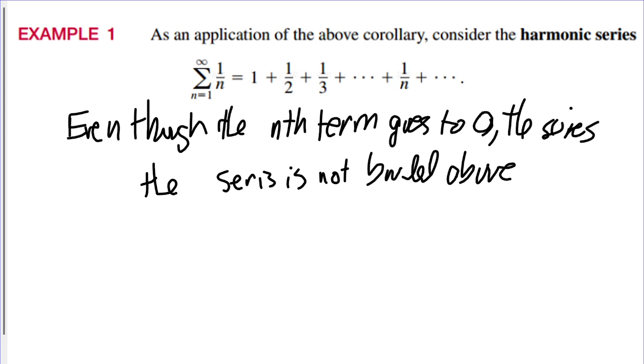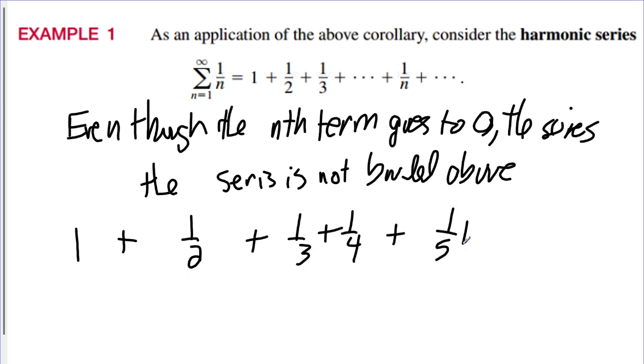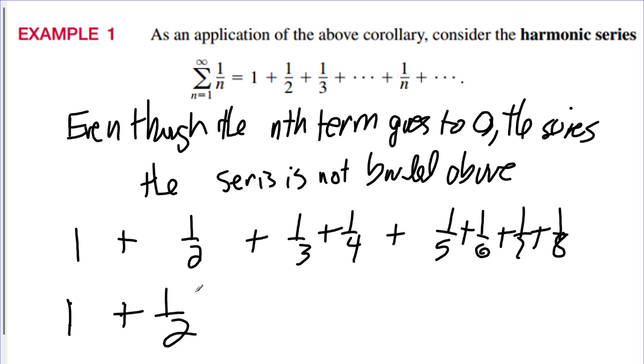So let's break up our series so that we have 1 plus 1/2 plus 1/3 plus 1/4 plus 1/5 plus 1/6 plus 1/7 plus 1/8. As we look at the partial sums, we get a 1 plus a 1/2. The value we get for 1/3 and 1/4 has to be greater than 2/4, because 1/3 is bigger than 1/4, and 2/4 is also equal to 1/2.